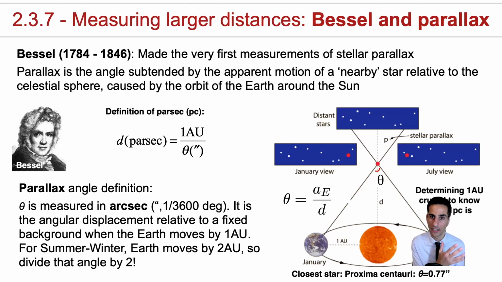So relative to very distant stars, nearby stars will seem to shift by a little bit. And the typical angles actually are so small that some of the largest angles are something like 0.77 arcsecond. This is for the closest star, that's Proxima Centauri, which means that when you look at parallax angles from stars, even those nearby, they're really hard to measure.